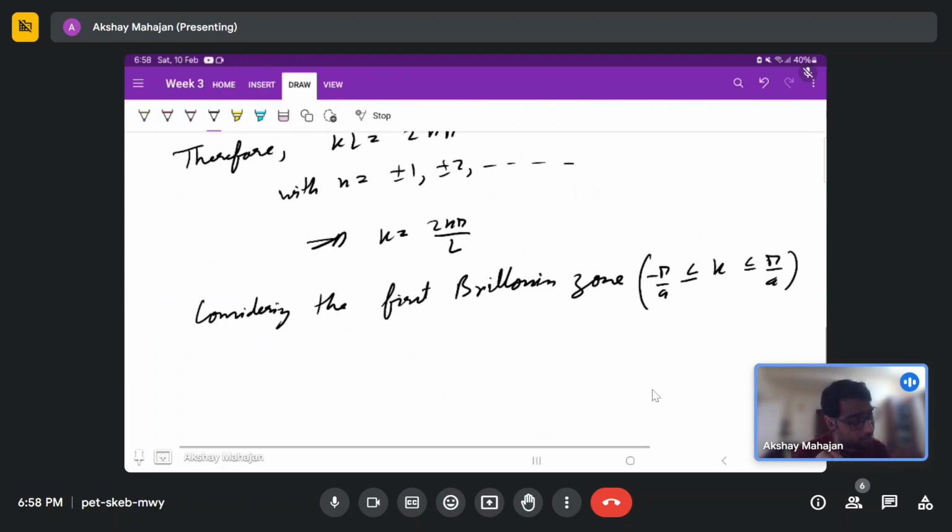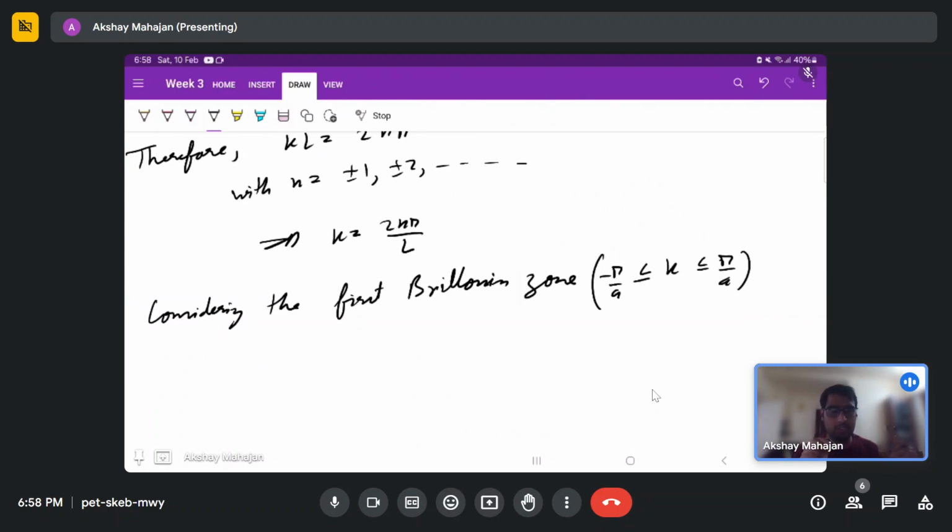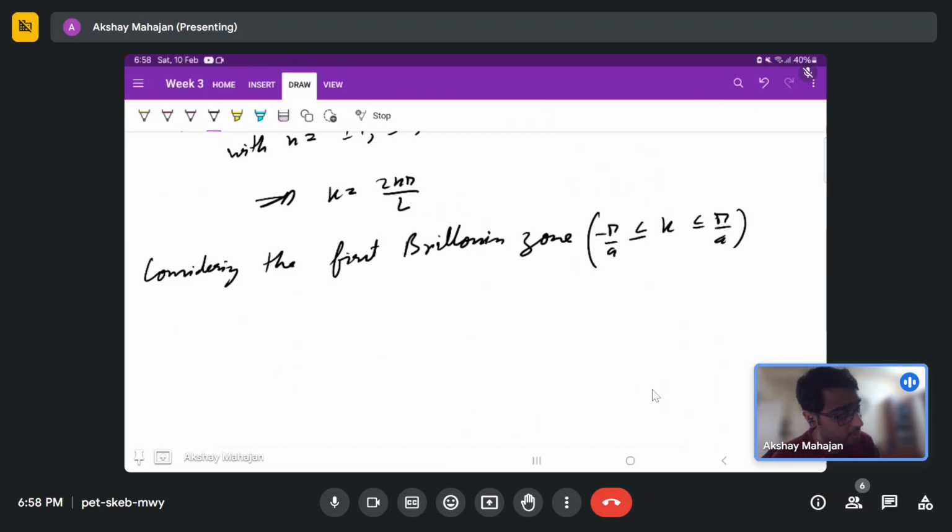The Brillouin zone will be discussed more in the next lecture, but remember that if you have a 1D lattice with lattice constant a, then your first Brillouin zone will be from minus pi by a to pi by a. You can derive this by making the reciprocal vectors of your 1D case, and then finding the unit cell within your reciprocal lattice; that unit cell will be your first Brillouin zone.